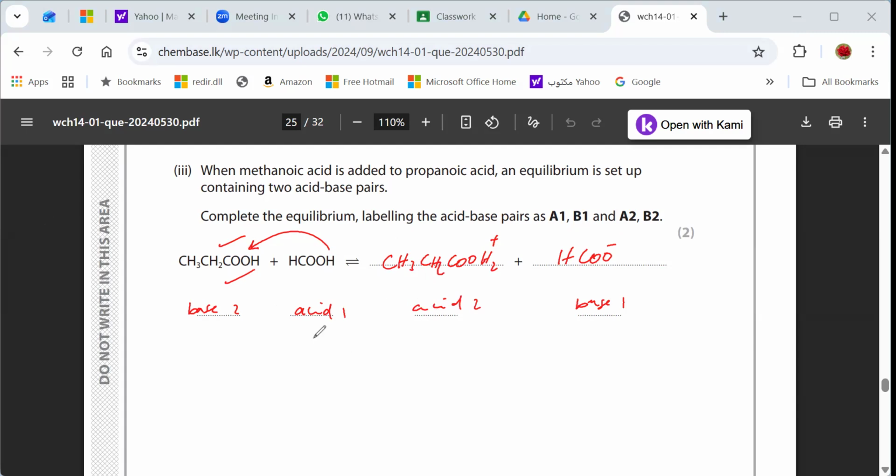We have to say acid 1, base 2, and whatever is the conjugate, we say base 1 and acid 2. Okay, let us see what did they say afterwards.